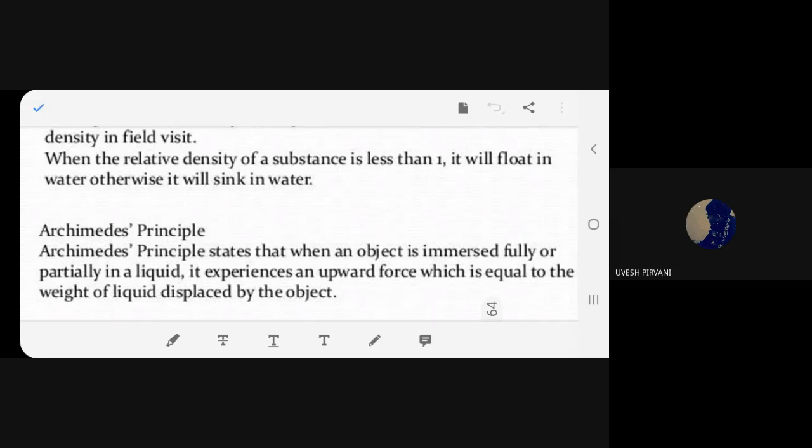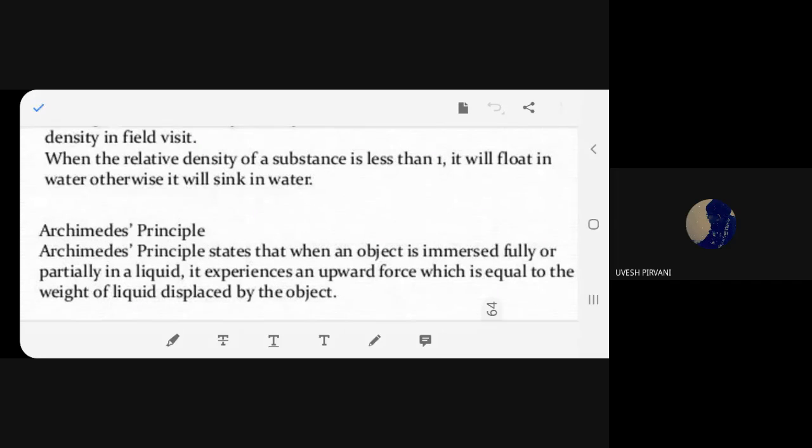What happens? The water applies a force opposite to it. If I am pushing the object in the water, the water is applying an opposite force.